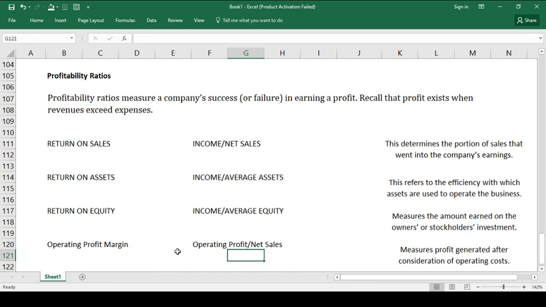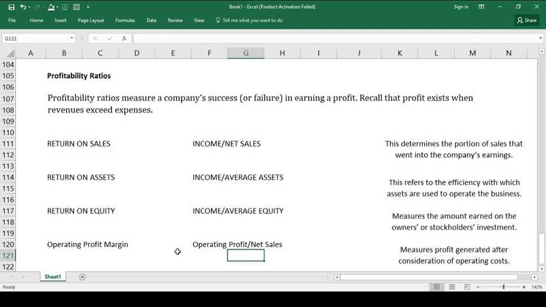Ito yung mga operating profit, gross profit minus the operating expenses, then divide it by net sales. So, the operating profit over net sales or the operating profit margin simply measures the profit generated after consideration of operating cost. If the operating profit margin is positive, it means that maganda yung operation natin of the company.